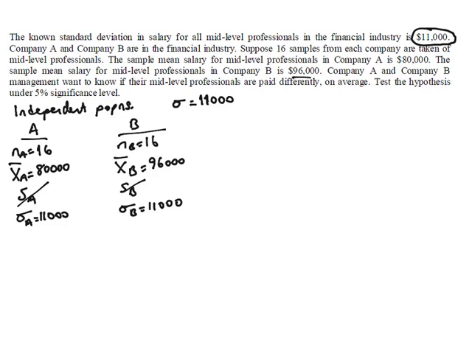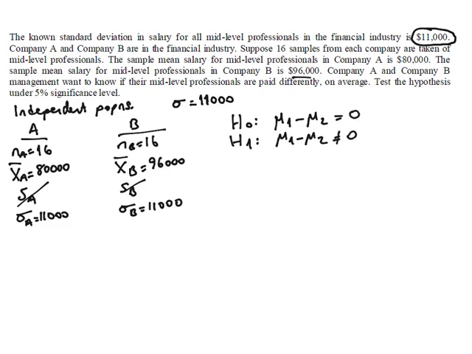We know all the things about the question, and now let's construct the hypothesis. We want to know whether there is a significant difference of the salaries on average, which means the means are different or not.